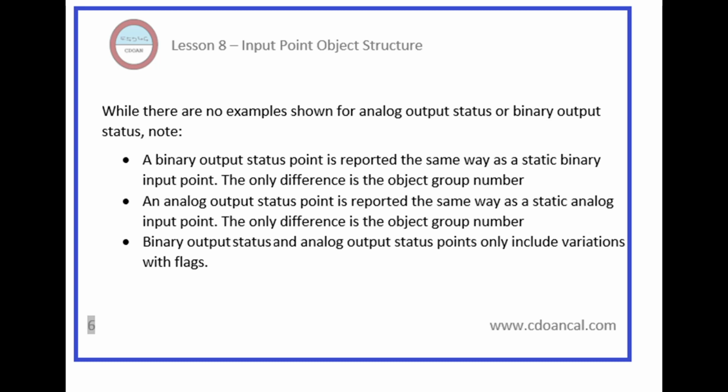Likewise, an analog output status point is reported the same way as a static analog input point. The only difference is the object group number. And binary output status and analog output status points only include variations with flags.